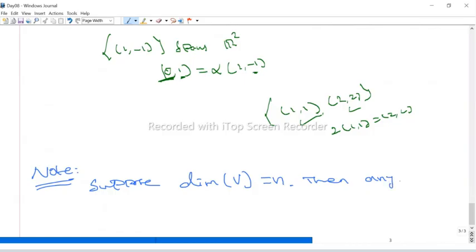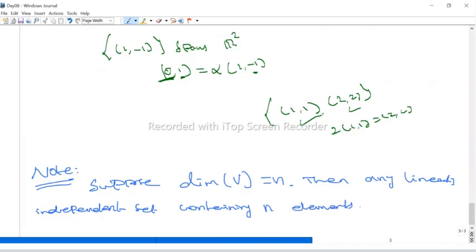Then any linearly independent set containing n elements is a basis.